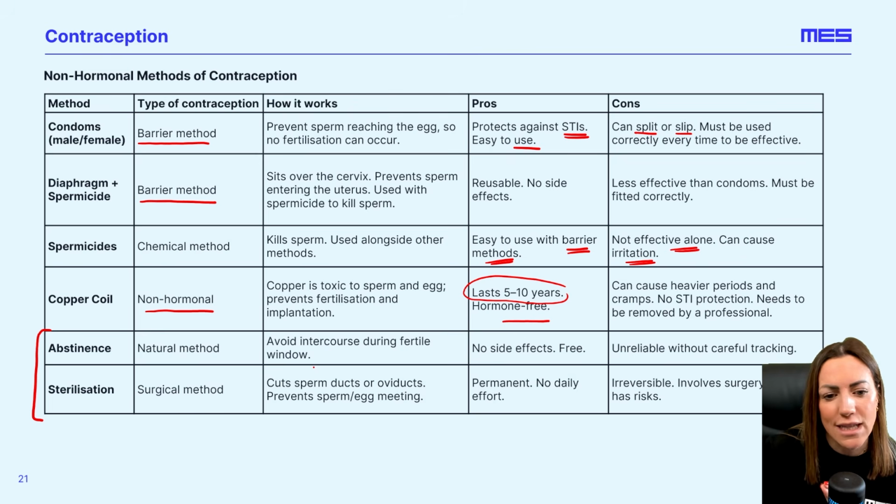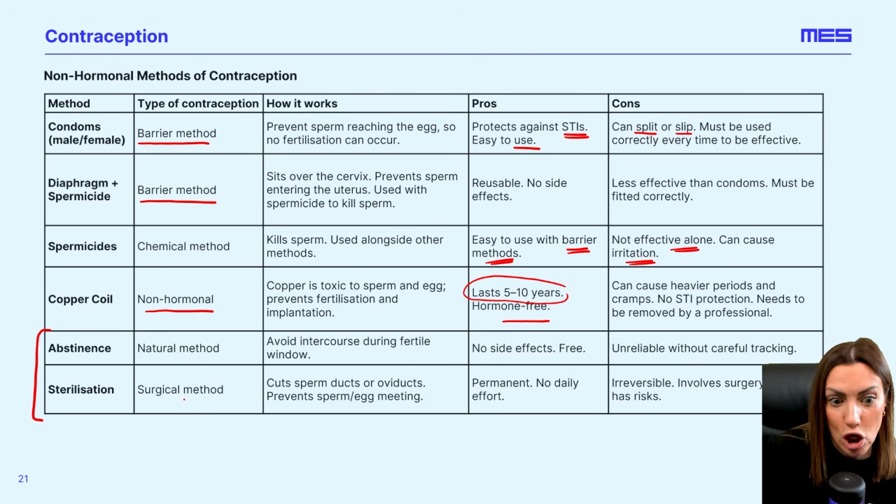Now, the most fertile window would be around day 14 because that's when the mature egg cell is being released from the ovary. So you could avoid sexual intercourse around day 14 or day 10 to day 20. No side effects, it's free. However, it is very, very unreliable without careful tracking of the female menstrual cycle.